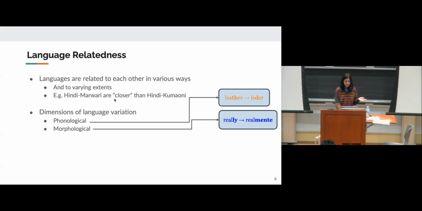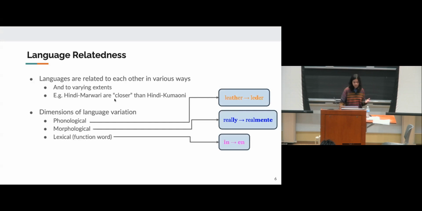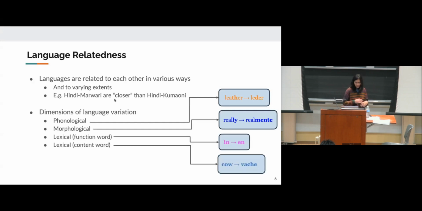We have morphological change that's concerned with affixal changes, and then lexical change. And we divide up lexical change into two types. So that's functional word change, and that's changes in closed class words, basically: pronouns, determiners, adpositions, those kinds of words with grammatical functions usually, and then non-cognate content word changes.